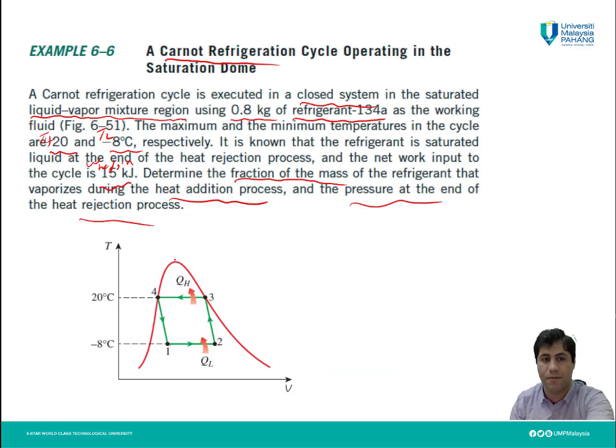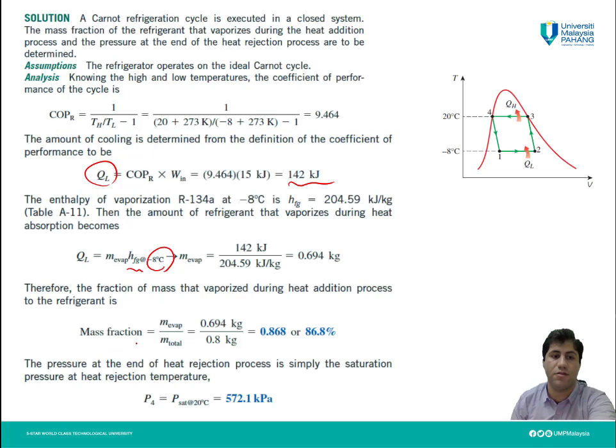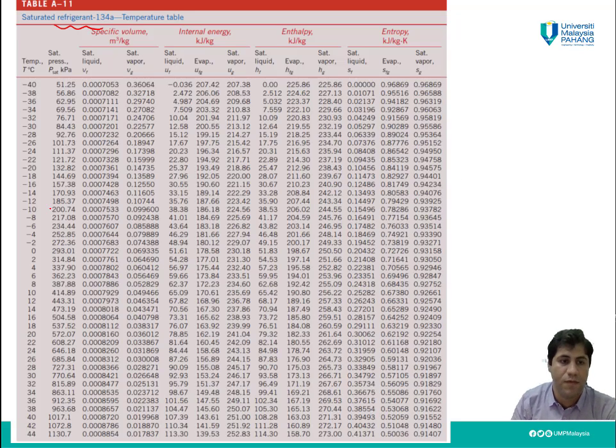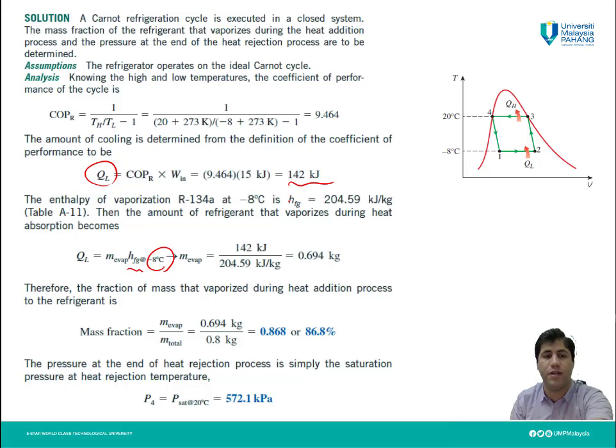Because the refrigerator temperature, where this QL is captured or absorbed, the temperature of the refrigerant, is -8 degrees Celsius. So HFG for -8 degrees Celsius in the table is this row. Simply we can find it, which is 204.59 kilojoule per kilogram.